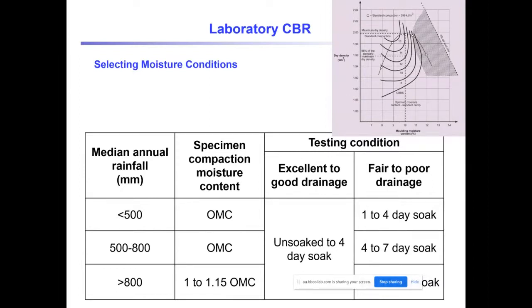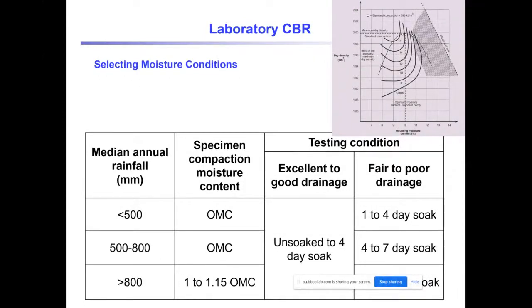That moisture condition in the field depends on different things: the annual rainfall, the median annual rainfall, how much rainfall you have in that area, as well as the type of drainage condition that you can provide for that road or for that pavement.